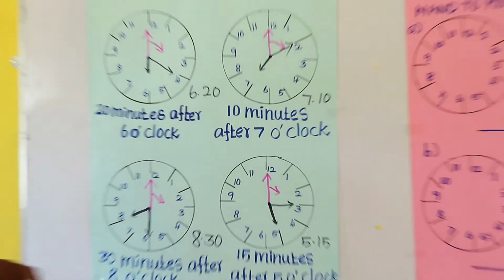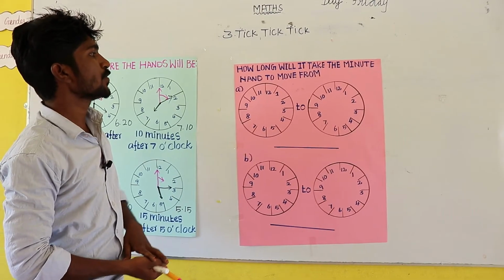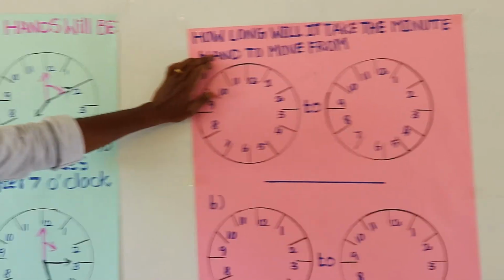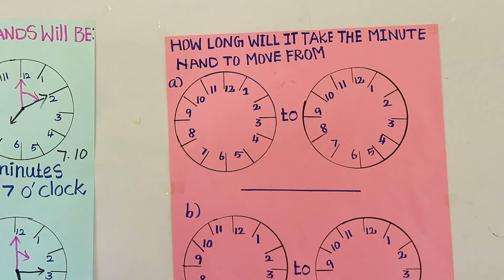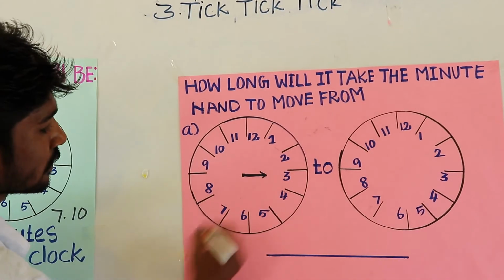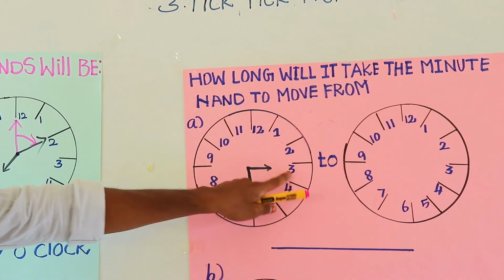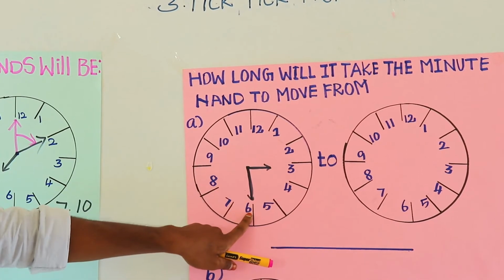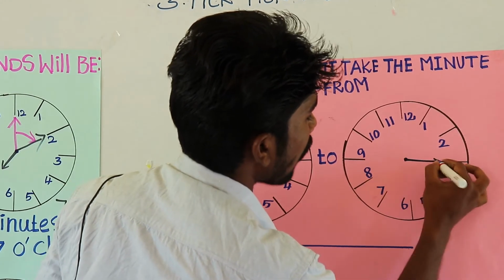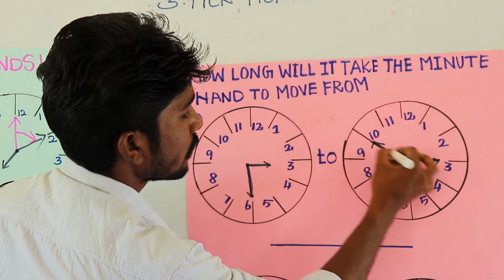Next, second one. How long will it take the minute hand to move from one clock to the other? So first one, for example, the hour hand is at 3 and the minute hand is at 6. Now the time is 3:30. But here the hour hand is at 3 and the minute hand is at 10.